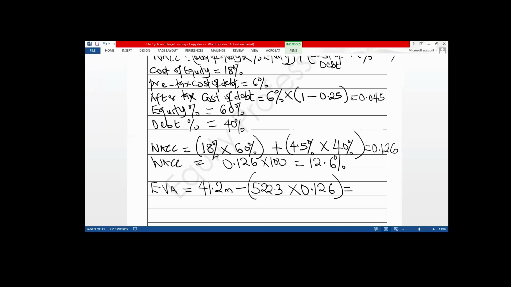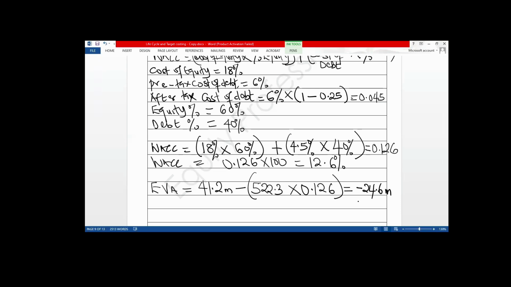24.6 million. Negative or positive? Negative, sir. Negative 24.6 million. Please note, if your answer is negative, that means the company is destroying shareholders' wealth.